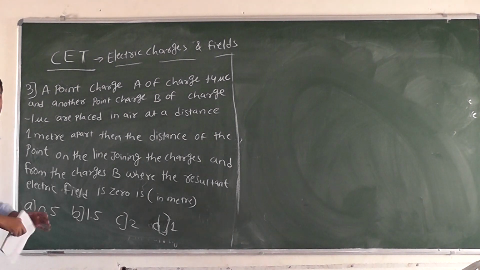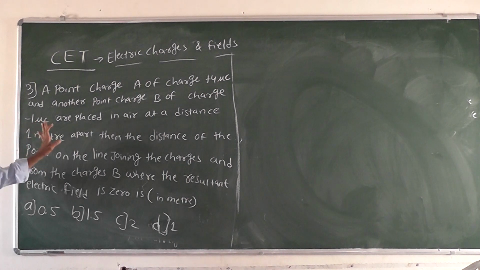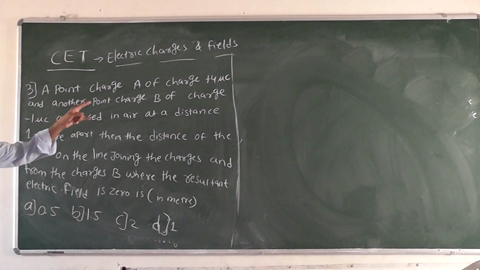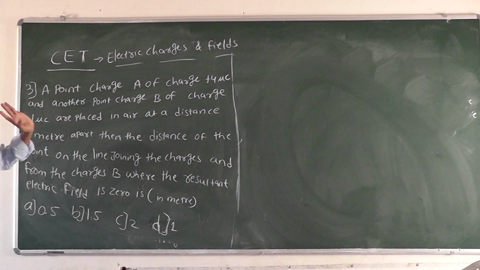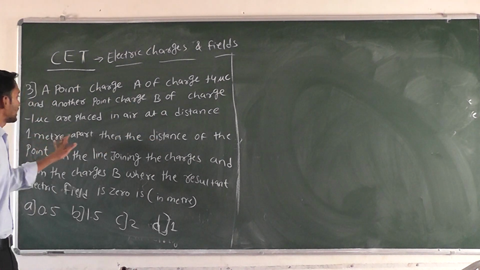Okay. Next, we are discussing the third question. A point charge A of charge plus 4 microcoulomb and another point charge B of charge minus 1 microcoulomb are placed in air at a distance of 1 meter apart.